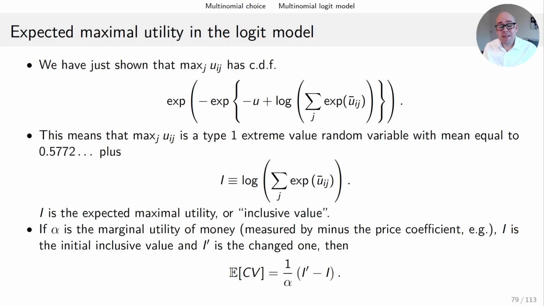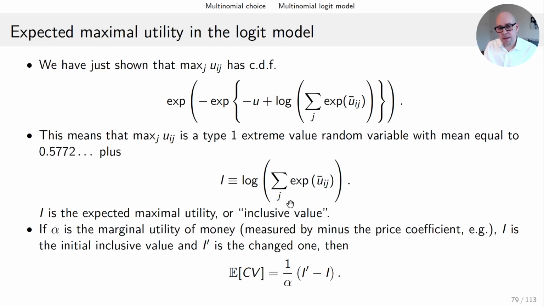And what that means is that the max utility is actually itself a type 1 extreme value random variable with mean equal to Euler's constant plus this expression here. And this expression here is often denoted by I. And that's the log sum term. So it's the log of the sum of the exponential function evaluated at the average utilities.